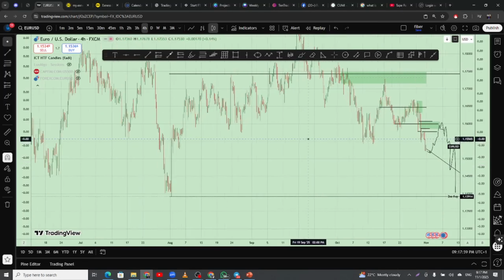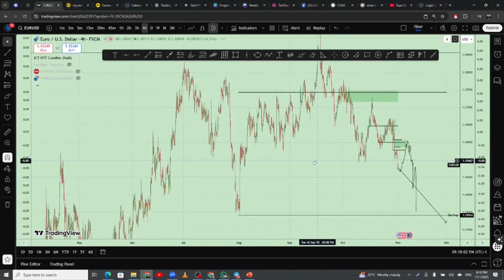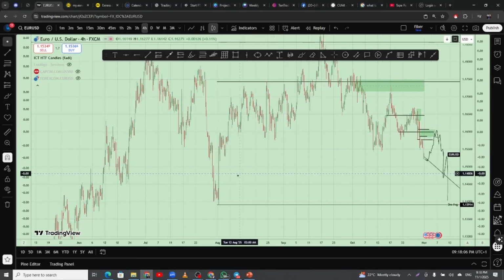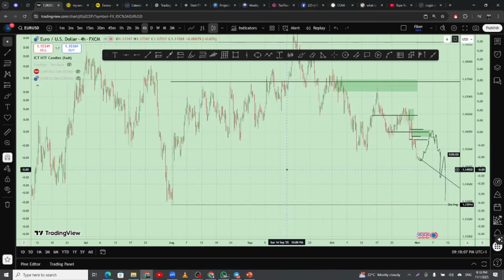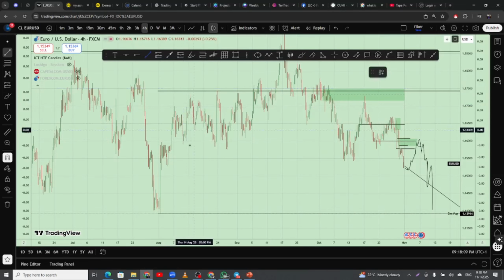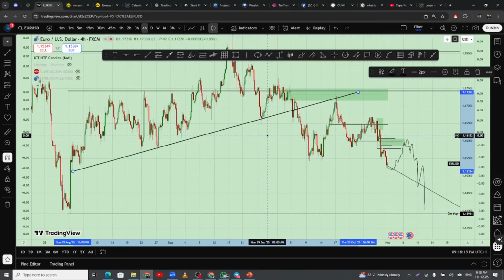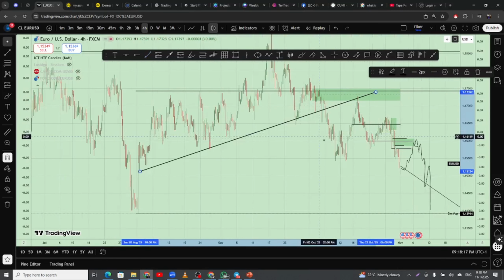You can also see that this is now likely like a market maker sell model, where this will be the origin of the consolidation. Price is breaking out of all this trend line liquidity here, and we're testing it, and then we want to push lower from there.